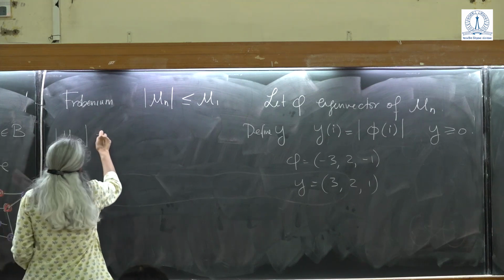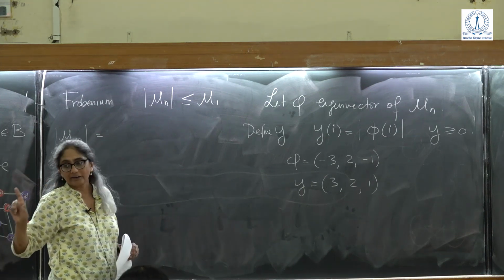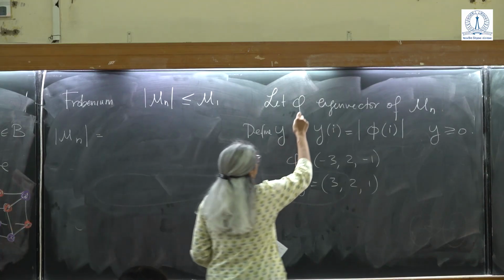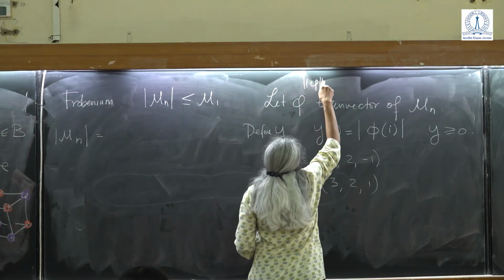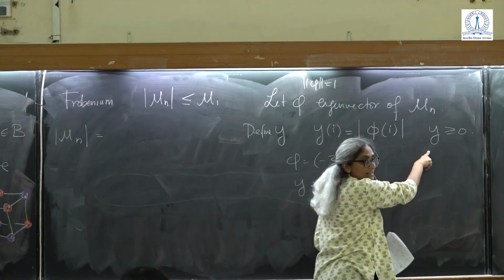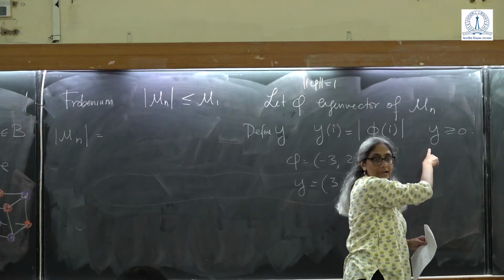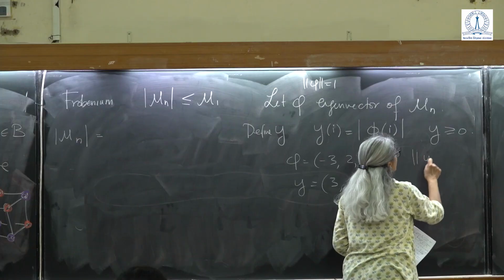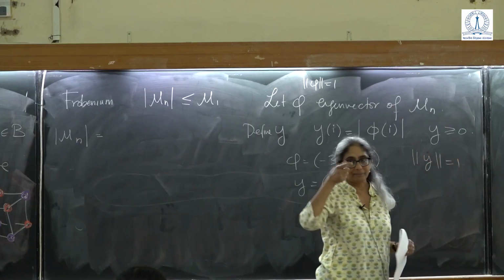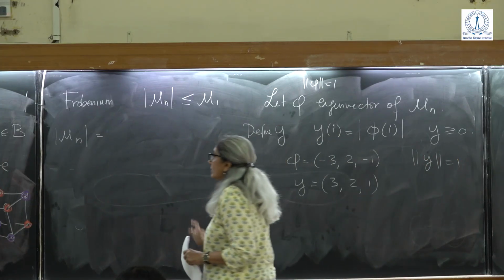Let's assume phi is norm 1, because that way we don't have to worry about the denominator. Does that mean y is also norm 1? Yes, y is also norm 1, because all we did was flip the sign on the entries.